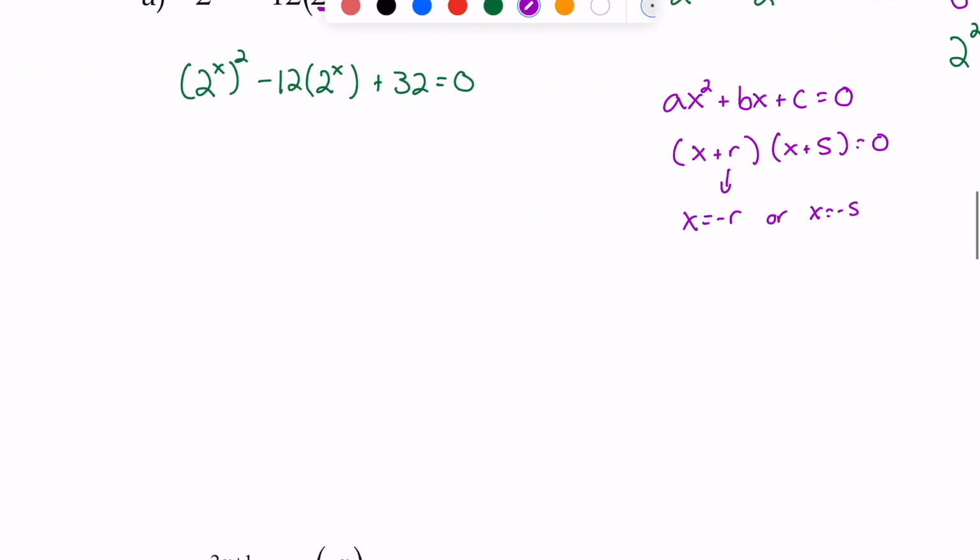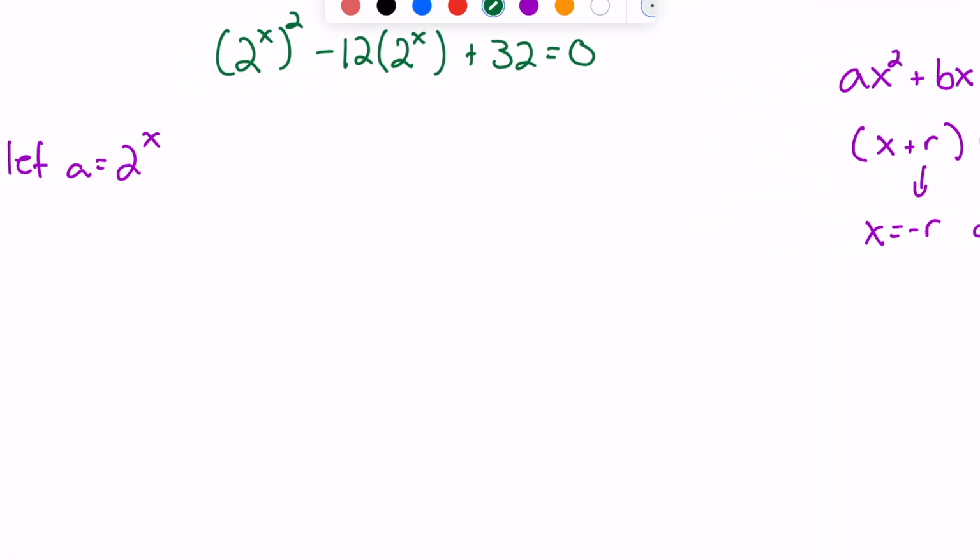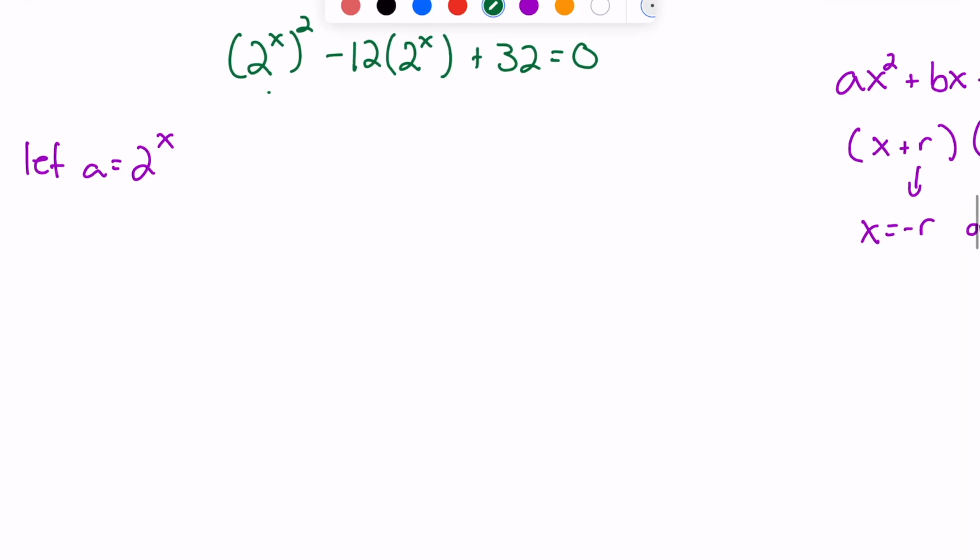So you might not see it looking like a quadratic yet, but let's say I say let a equal 2^x. Wherever I see a 2^x, I'm going to put an a. So this 2^(2x) becomes a squared, minus 12, and then this 2^x becomes just a, plus 32 equaling 0.